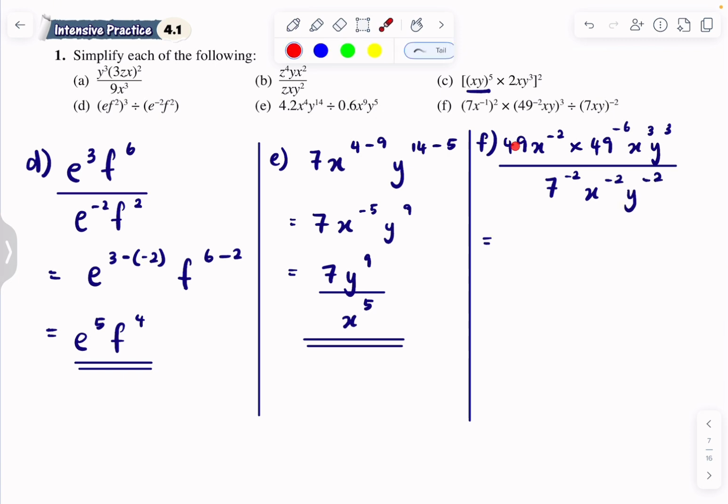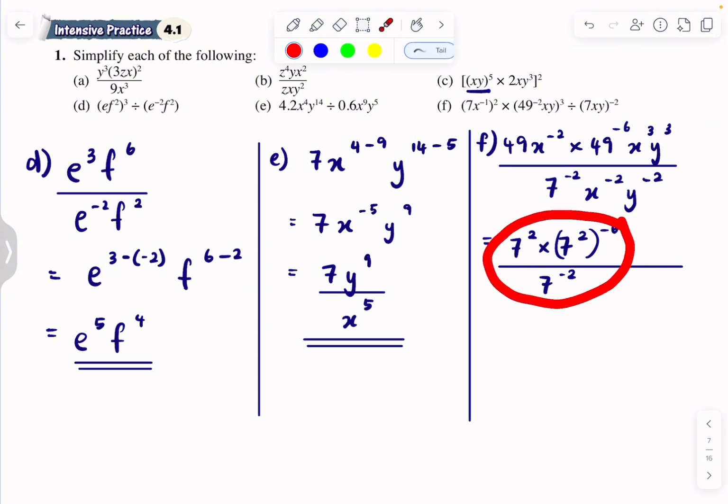So 49 we can make it power 7, so this is 7 square times 49 power negative 6. So we can say times 7 square power negative 6 divide 7 negative 2. This is just numbers.